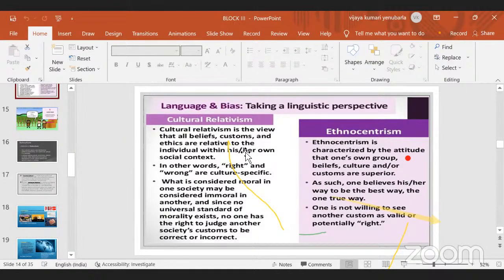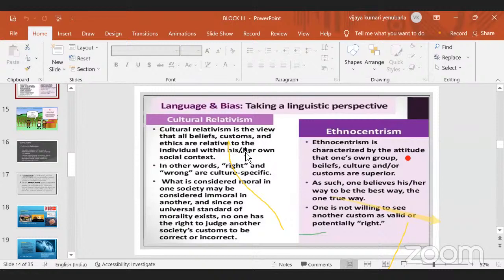Based on their social context, situations, circumstances, and historical events, culture also develops. Food habits are also culture. For example, we use curry leaves in our food as a regular part, whereas North Indians don't use them, because based on the environment and climatic conditions, food habits also developed. So that is also a part of culture.